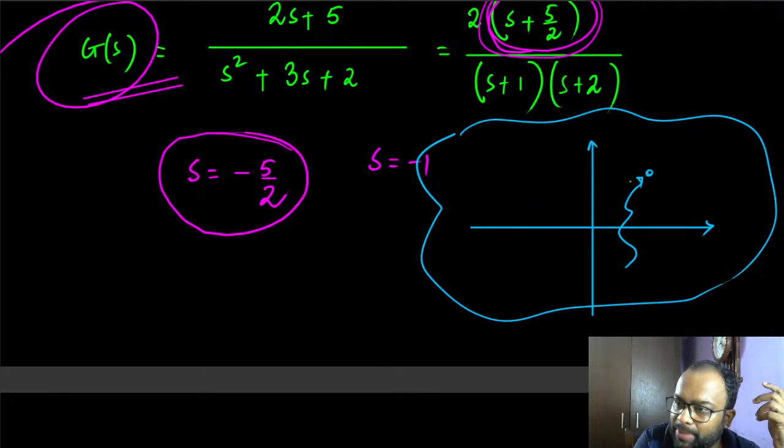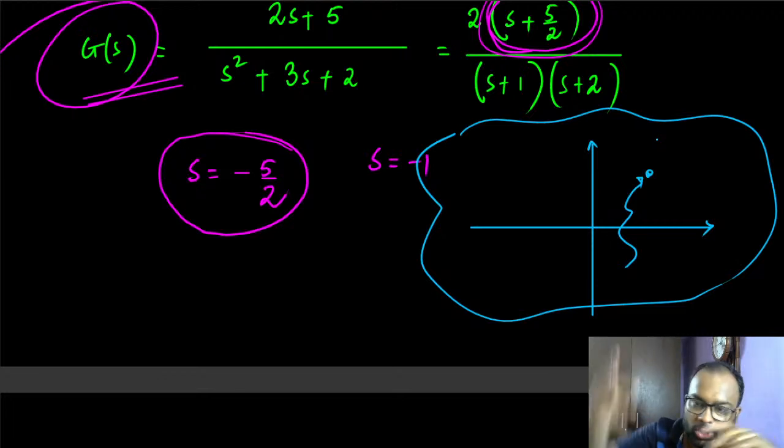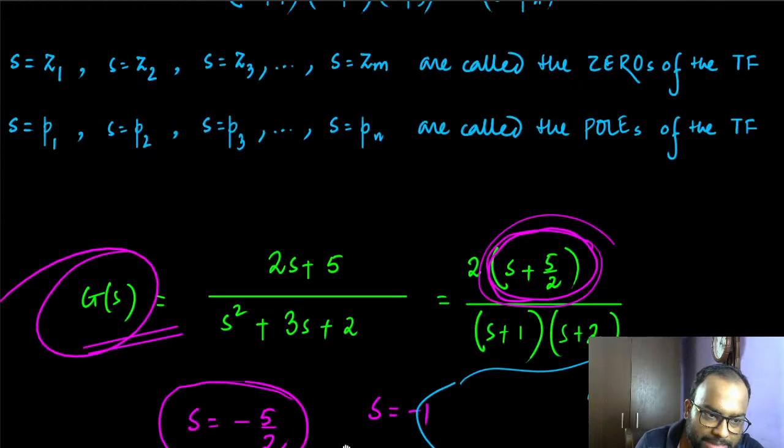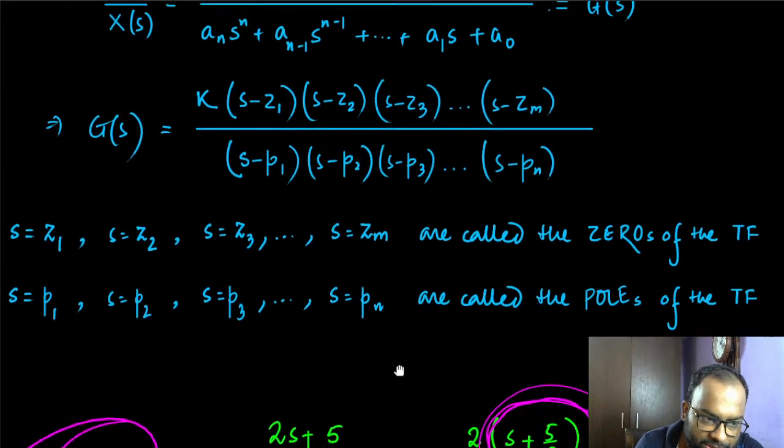What would the infinity appear like? It would probably appear like a long goalpost, right? You have been in playing fields, you have seen goalposts. That's like a pole, a long stick in the middle of the ground. Imagine that kind of simile here. That's how we call them poles of the transfer function.